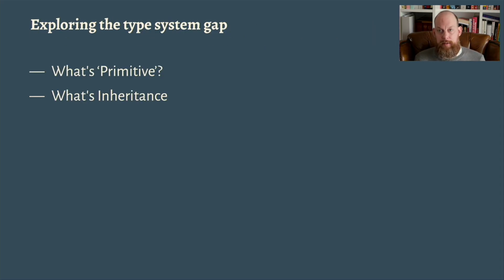What do I mean by primitive types? We mean things that can't be broken down any further, like an integer or the object class in Java. When we talk about inheritance, we're usually talking in the context of object-oriented programming: objects that are built upon one another, with an object built upon another object gaining the functionality of that first object.